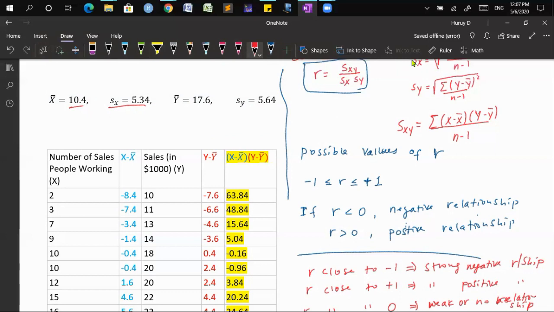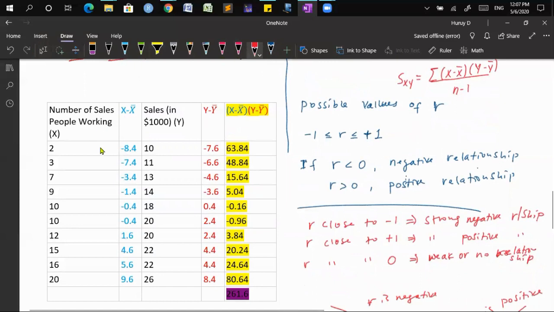The third one, to find this s sub xy, what we could do is subtract the mean of x from each value, x minus x bar. So here I got these values. And we do the same thing with y values. If you remember, the sum of these values has to be 0, and the sum of these values has to be 0. Then we multiply the corresponding differences, this times this, this times this one, and so on.